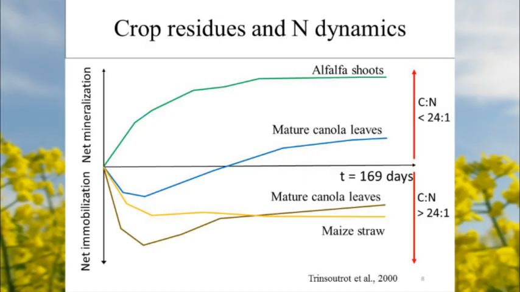But in another set, they took another batch of mature canola leaves, and they found the same depression in soil nitrogen, but that nitrogen never quite turned over. So throughout this 169-day study, there was less nitrogen in that soil after this batch of canola leaves was added compared to the soil that was unamended.